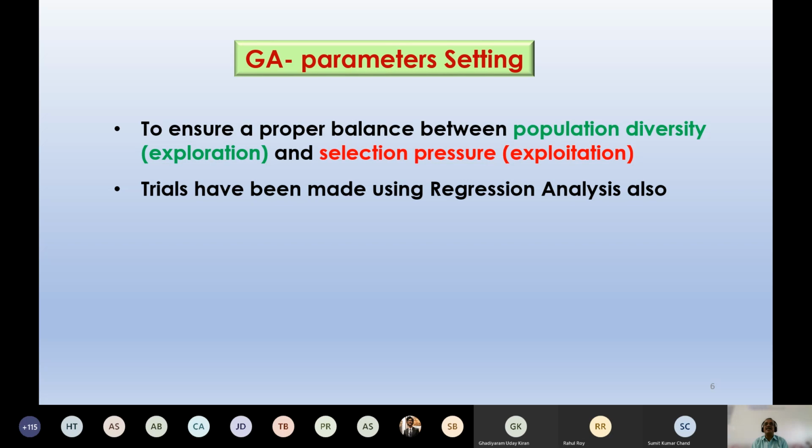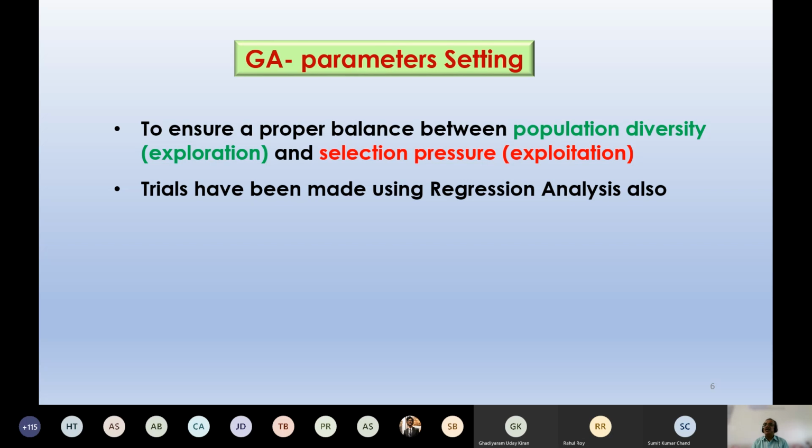Same is true for the genetic algorithm. Now, if you want to certify the genetic algorithm search, you have to ensure a proper balance between population diversity and selection pressure. That is nothing but a proper balance between exploration and exploitation.